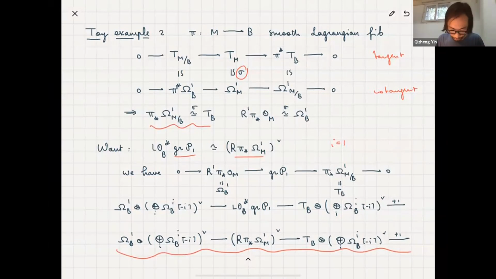And then after taking the dual, on one hand, you get omega-1 B tensoring with a bunch of things that we've seen many times. And then on the other hand, you get T of B and again, tensoring with the direct sums of omega I with some shifts.